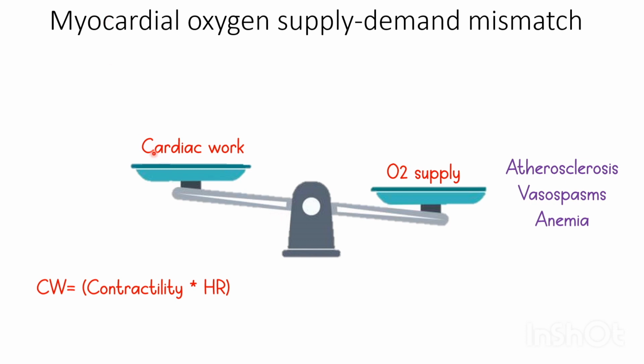So our aim in ischemic heart diseases management is to regain this balance, and this can be done either by increasing oxygen supply or perfusion, which is not usually done clinically, or by decreasing cardiac work, and this can be done by multiple pharmacological agents that we will be discussing in another video.